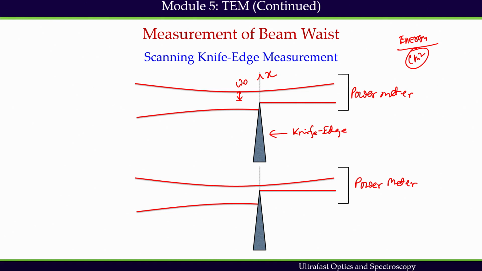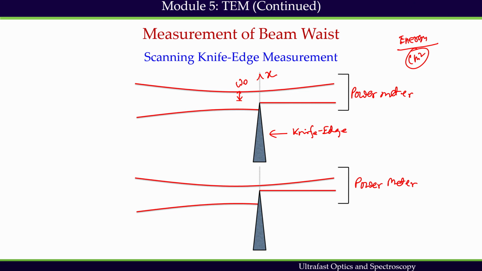Therefore, in the position where the beam is not blocked by the knife edge, the maximum power is measured. On the other hand, the measured power is minimum, typically 0, when the blade covers the whole beam. In this knife edge measurement setup, we use a translational stage.